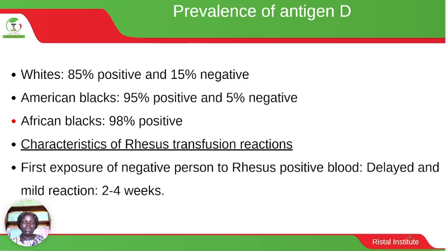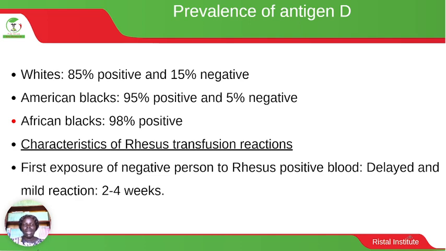In prevalence of antigen D, the whites have 85% rhesus D, and the ones who do not have rhesus D are only 14%. Then the American blacks, 95% have rhesus D and the 5% do not.